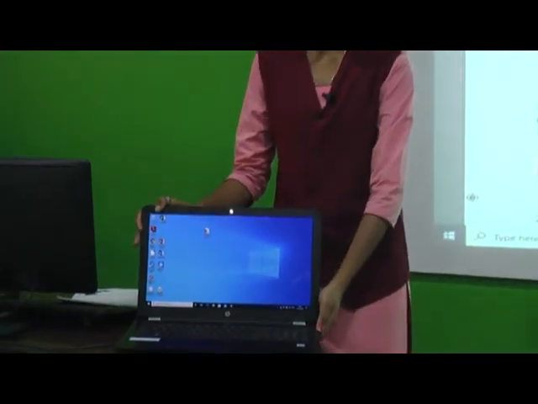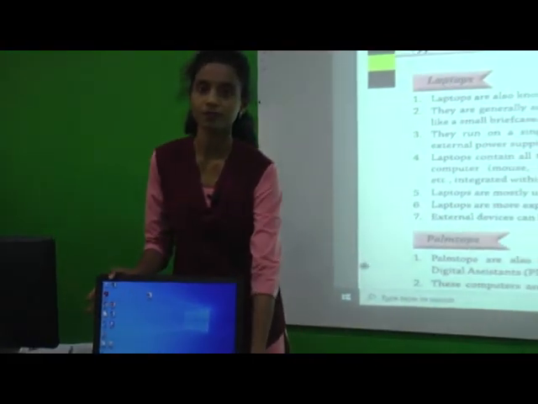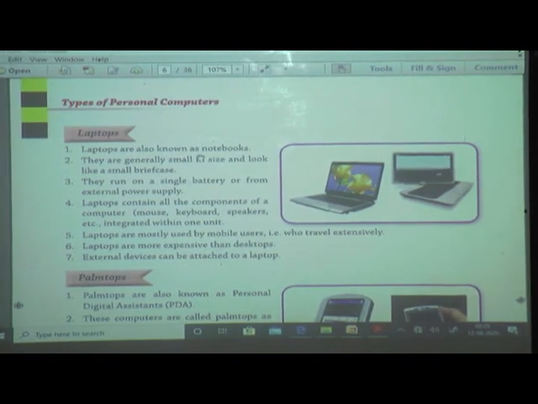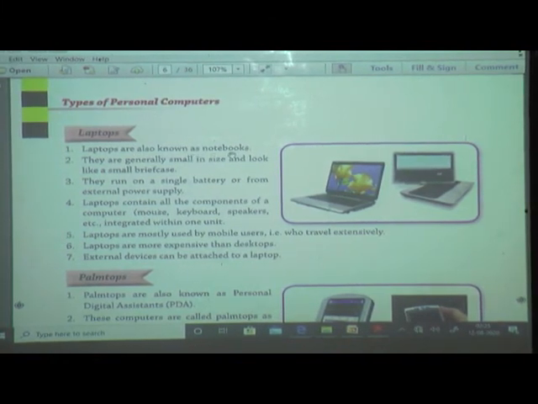Now we will see details about the laptop. Laptops are also known as notebooks, because the size of a laptop is like our notebook.